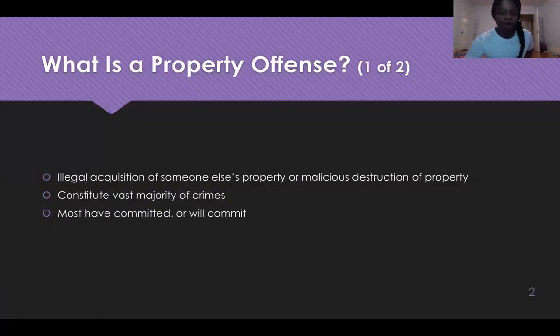So what is property offense? Okay. Property crimes either involve the illegal acquisition of someone else's property or the malicious destruction of property.